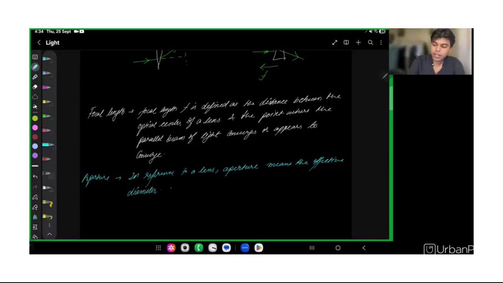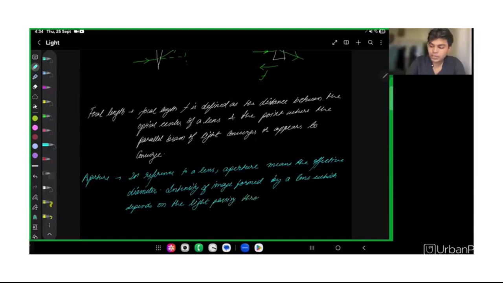The intensity of the image formed by a lens, which depends on the light passing through the lens, will depend on the square of aperture.